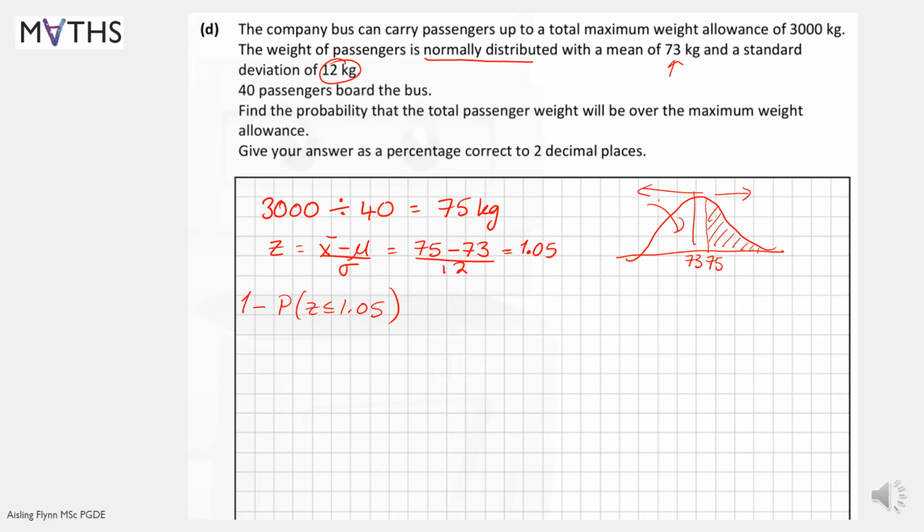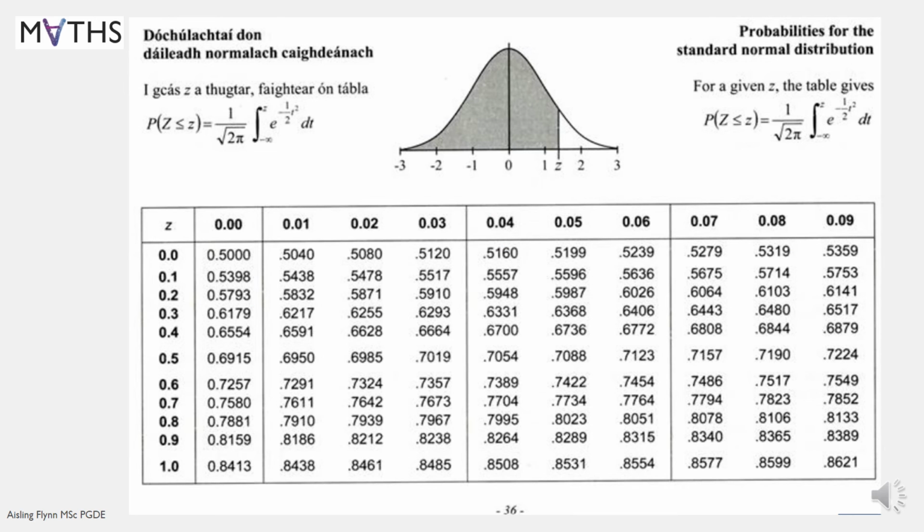So we need to refer to our z tables. We're working with a z-score of 1.05. We have 1.0 at the bottom, and we go across so we find 0.05. And we get this percentage here. Take note of that, 0.8531.